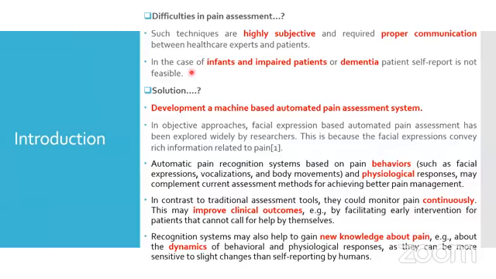But there are many human beings, like infants and impaired patients or dementia patients, who cannot self-report their pain. In those cases, this visual analog scale or the numerical rating scale will not work.